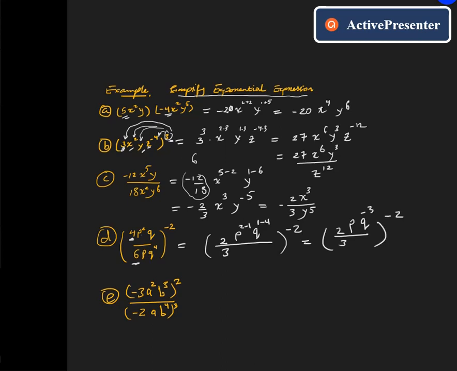So this is eventually equal to, if we take this inside as before, 2 to the power minus 2 multiplied in p to the power minus 2 multiplied in q to the power 6 over 3 to the power minus 2. So this will go down and this will go up, right? So with different signs of power.